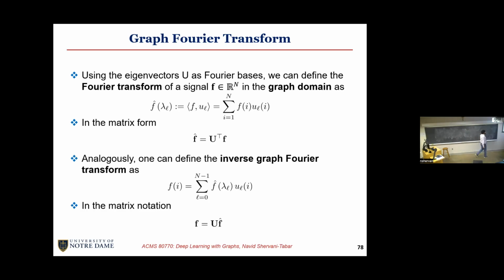So we reformulate and write this in matrix format: we have a vector f hat, which contains the coefficients of my Fourier transform, and I'm multiplying that by the eigenvector matrix.